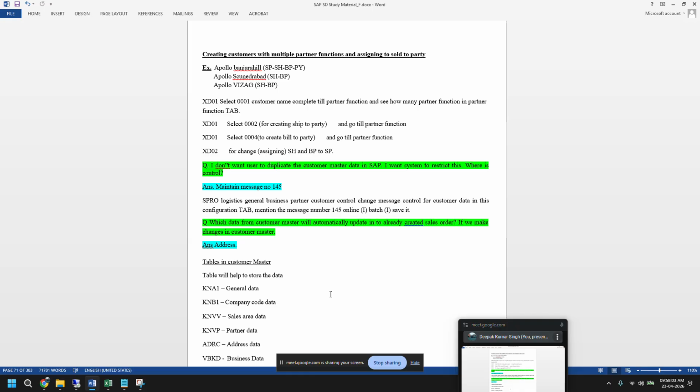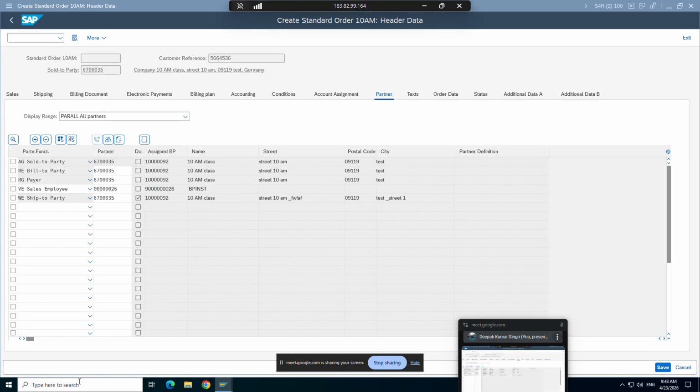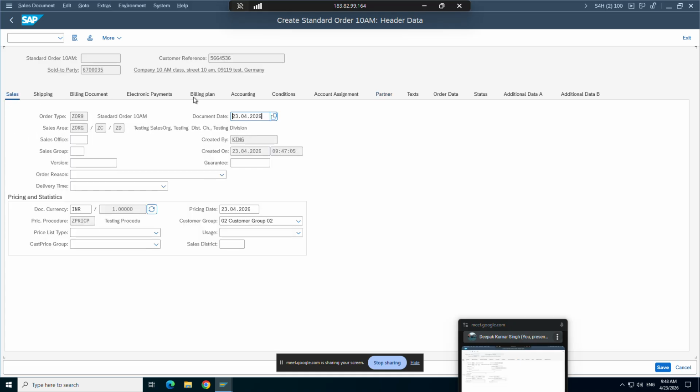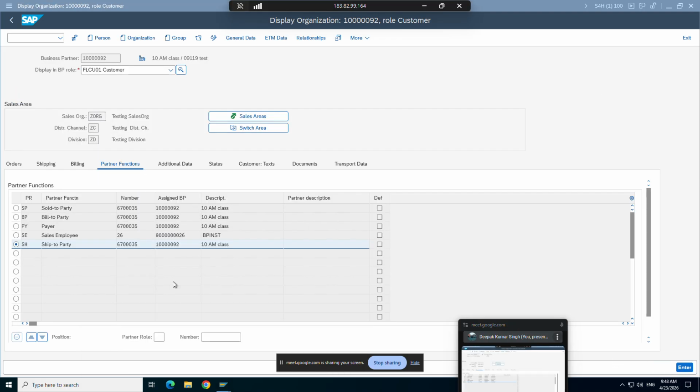Now one thing. Let's say you have maintained some data in the customer master. When I create my sales order for this customer, the system will copy all the master data into the sales order. The header will copy everything, correct? Now let's say I have created a sales order.